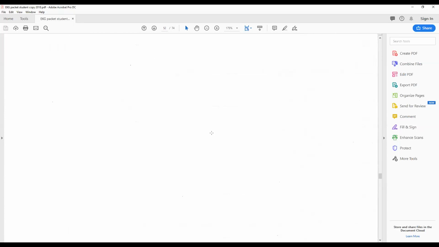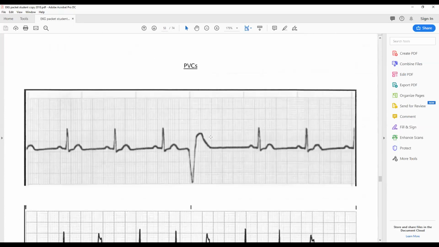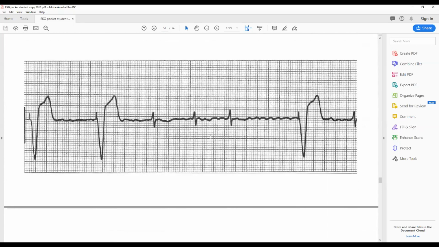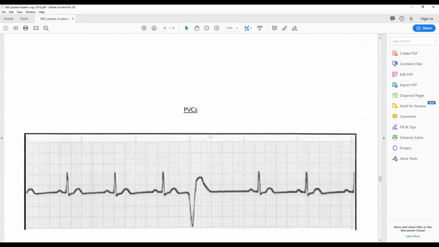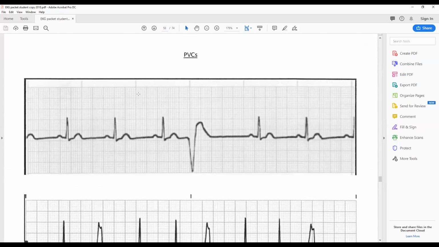And then are PVCs. One thing I want you to keep in mind: there's really not anything to do here, they're just examples of PVCs, but PVCs are not a diagnosis. So if I were to look at this and go through, it's 1, 2, 3, 4, 5, maybe 60 beats per minute, and I did all the measurements and everything, I would say this is normal sinus rhythm, bradycardia with one PVC, or with a PVC.